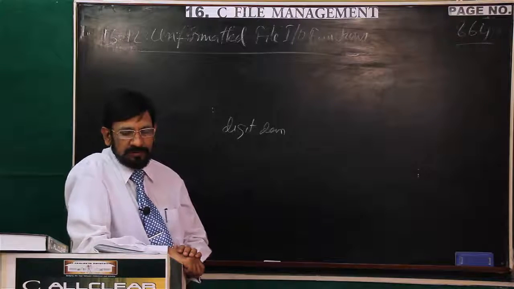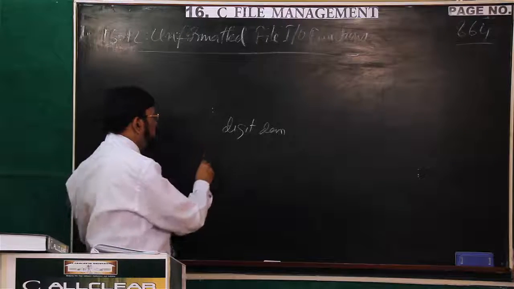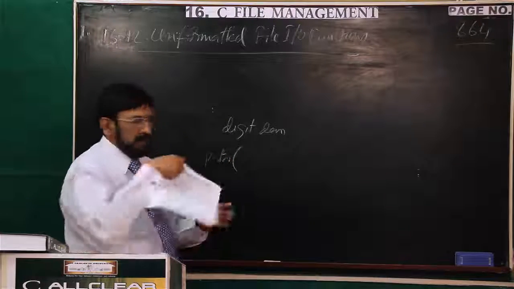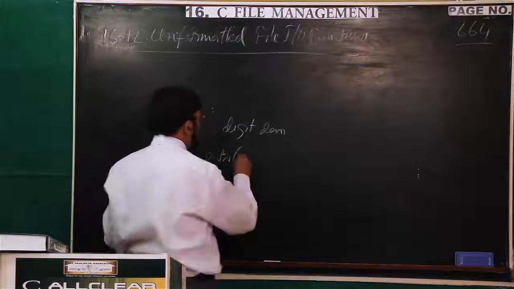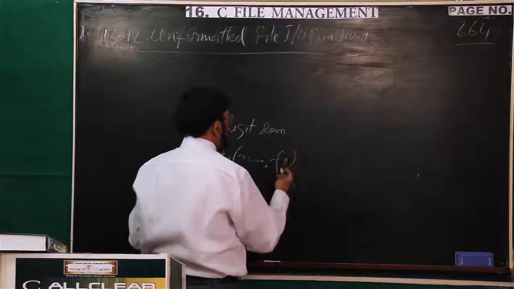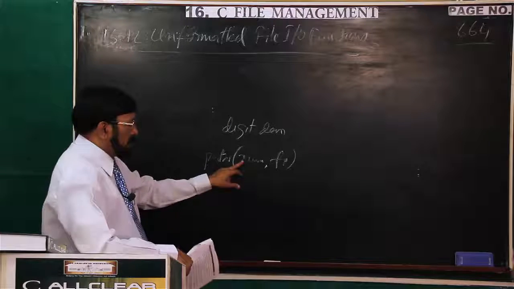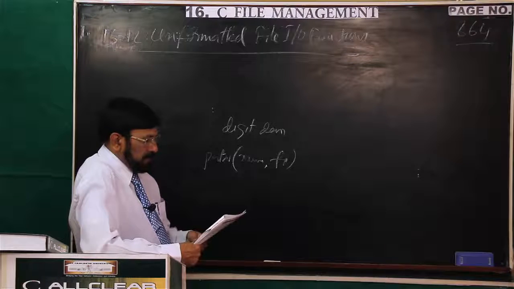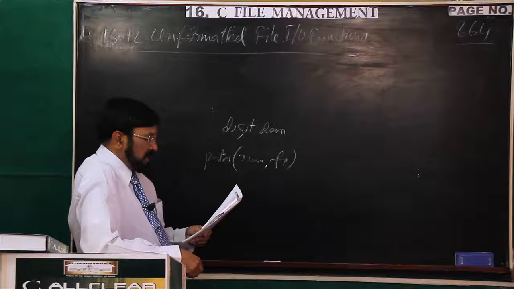The putw function is writing num. What is the syntax? Whatever number you are reading, that number is being written on the file where fp is pointing. Thereafter, you are rewinding.